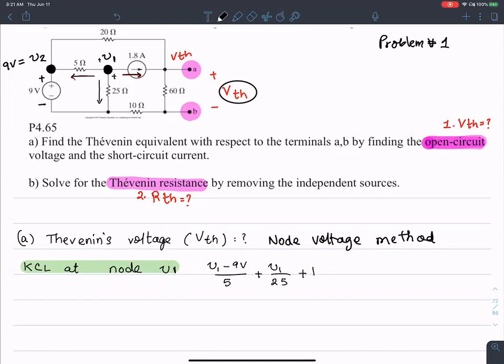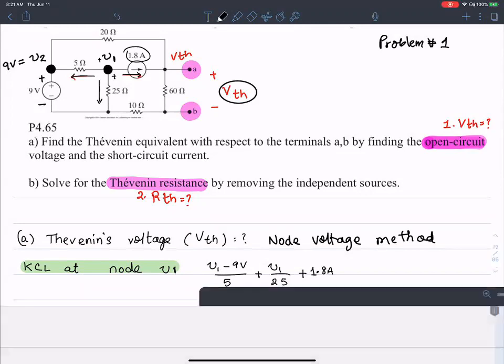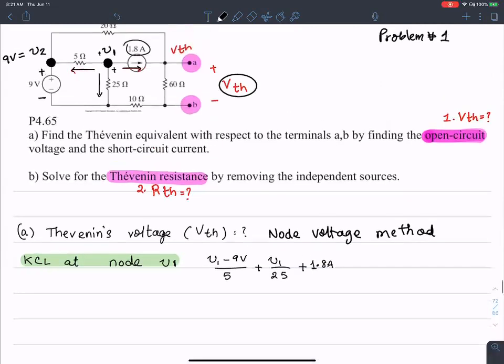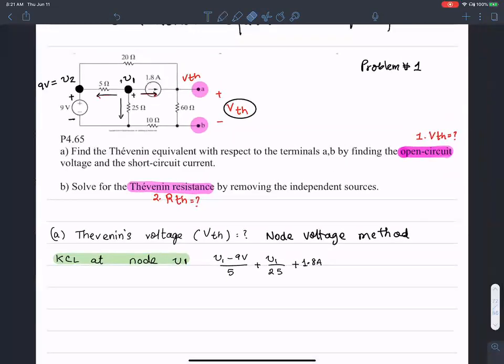Is it just the value that I can directly pick there, 1.8 amperes? So you just add the 1.8. You don't have to worry about the voltage. Correct. So all of that is going to be 0. So this is equation 1, KCL at node 1.